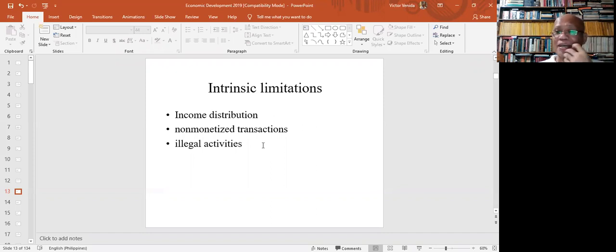So as you can see, when one cooks your own meals at home, it's a non-monetized transaction. Okay. And that's why it can happen that when people start to not do much cooking at home anymore, but start buying food outside, then that would cause the GNP to go up.